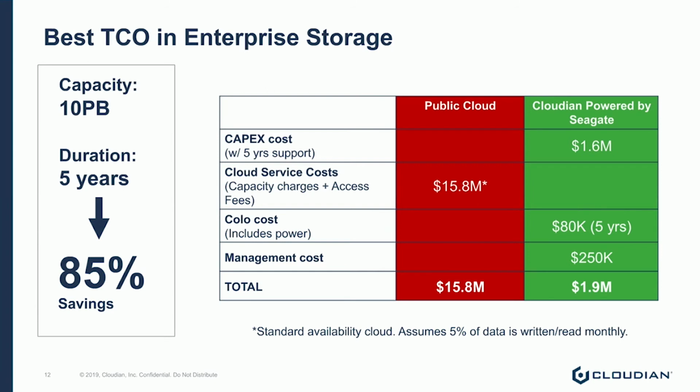That's something you can do the math on yourself online very easily. This system, over that same period of time, actually achieves an 85% savings, so it cuts the cost down to $1.9 million, including management cost, including the colo cost, including power. All the big numbers accounted for here, and that includes support. The cost savings are fantastic.